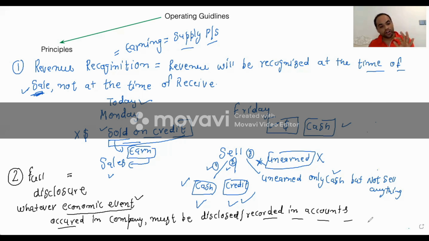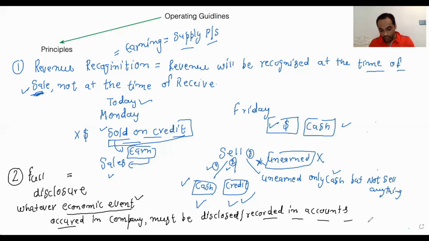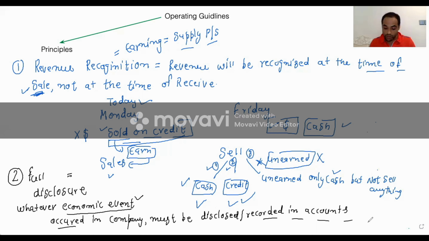Because if you're not going to record any information in your accounts, why we produce accounts? We produce accounts for the users. So if you're not going to record any information in your accounts, users will be lack of that information, which affects users' decision. So maybe because of that lack of information, users can lose their money.